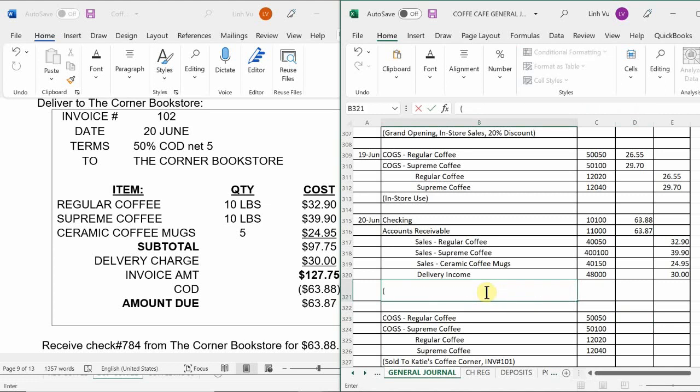So in this case, this is the corner bookstore. This is invoice number 102. 50% COD, check number 784.